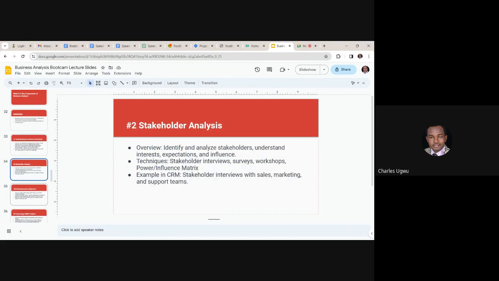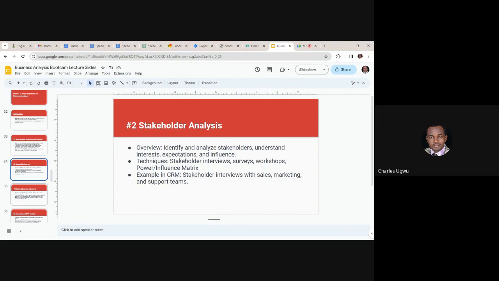Then we'll have stakeholder analysis. When you understand the market environment very well, the next thing you need to do is to understand the stakeholders. Who are the stakeholders? Stakeholders are everybody that have interest or influence in any particular project. So you need to understand all these people that have interest and influence and power over the project you are trying to execute.